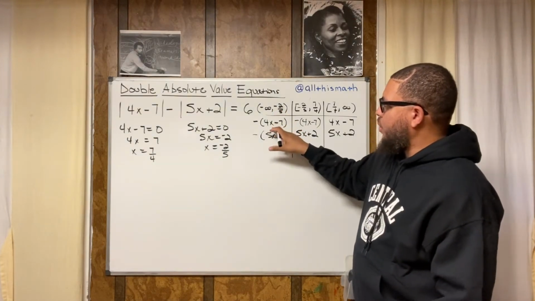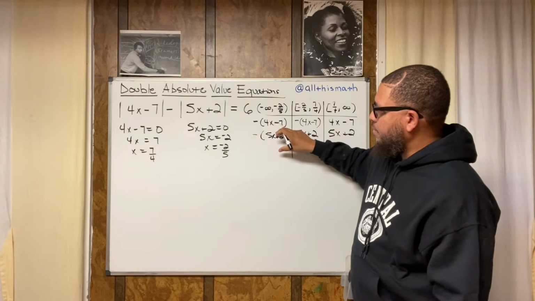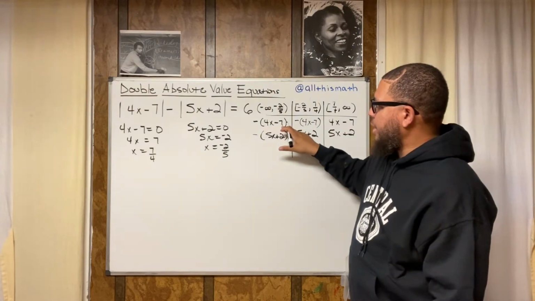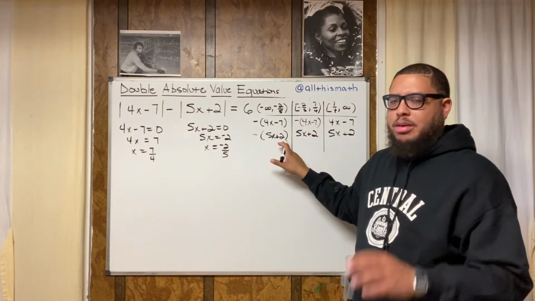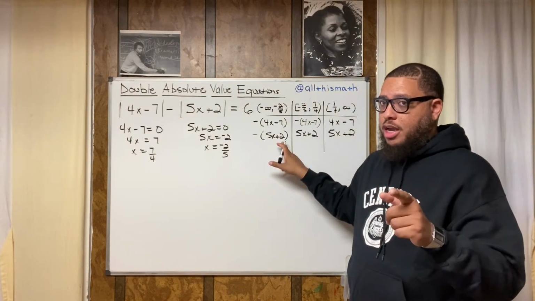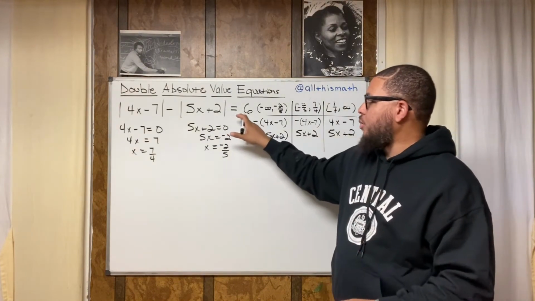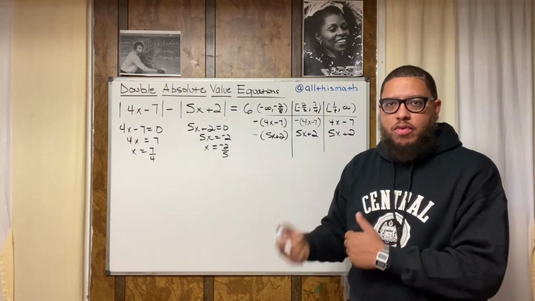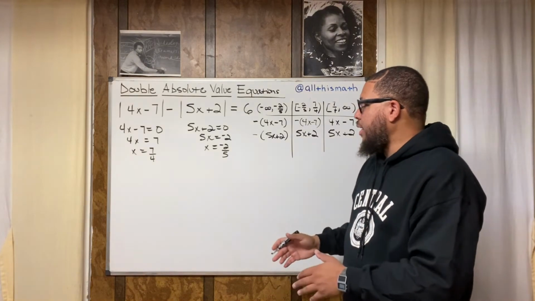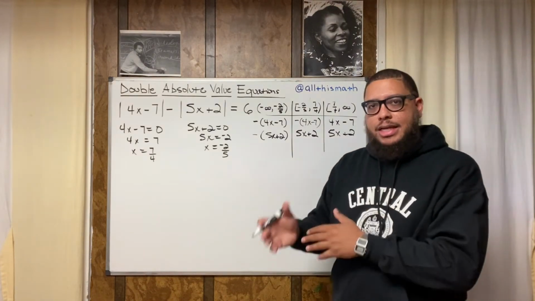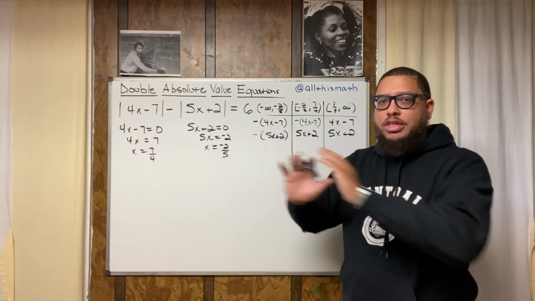So when I create the equation using these 2 expressions, negative quantity 4x minus 7 minus negative quantity 5x plus 2, be very careful with all those negative signs, is equal to 6. I do all the math correctly and I solve for x. Then whatever solution I get, I got to test it to see whether I want to accept it or reject it.